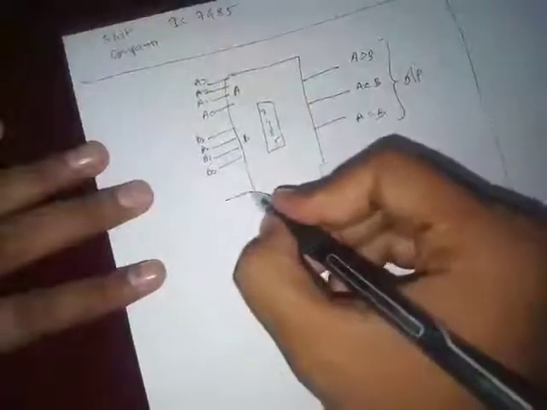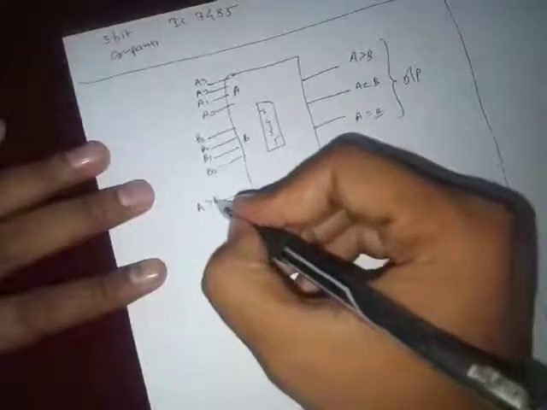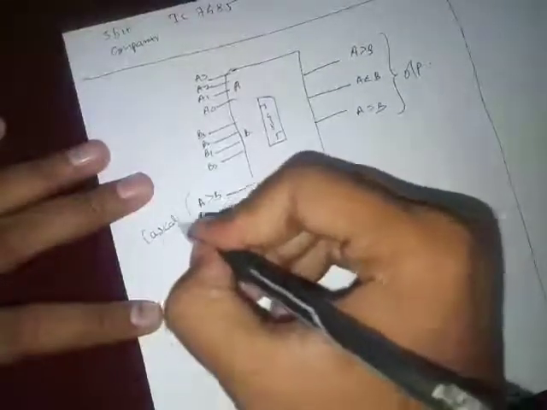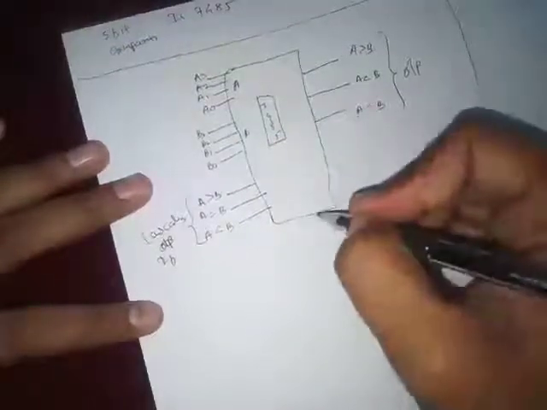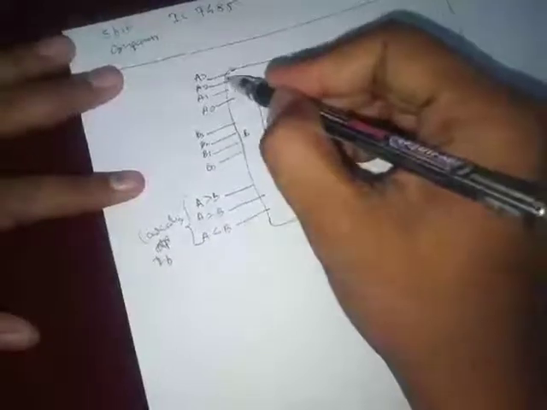Then there is a cascading input: A greater than B, A equals to B, and A less than B. This is called the cascading input. Supply is also there, that is VCC and ground. So this is simply a schematic structure. This is all about input A and input B. This is the structural diagram of IC 7485.